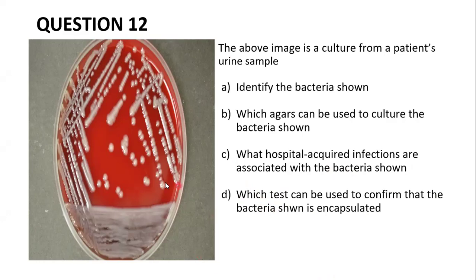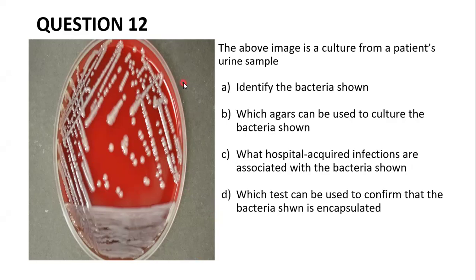So I give you a hint. There's only one bacteria that when you grow, it will give you a mucoid appearance on the plate. Okay, there's this mucoid appearance. So what bacteria are we thinking that has a mucoid appearance? Klebsiella, very good.